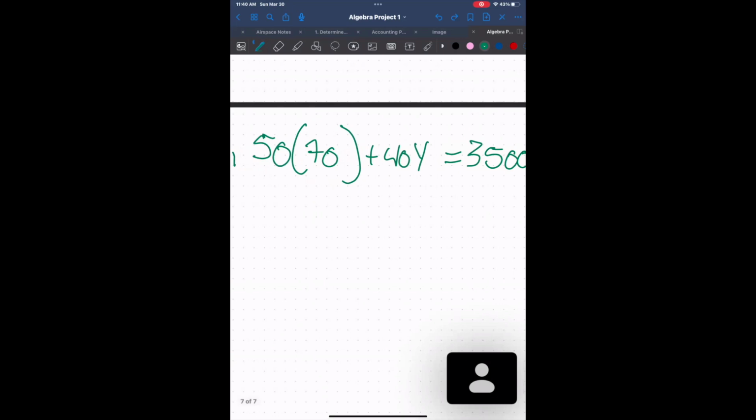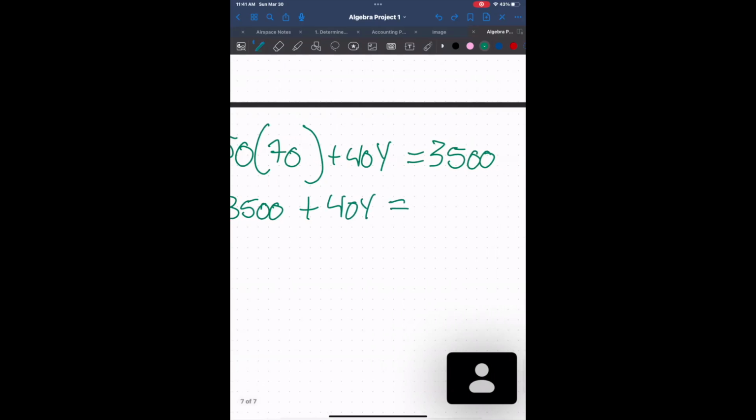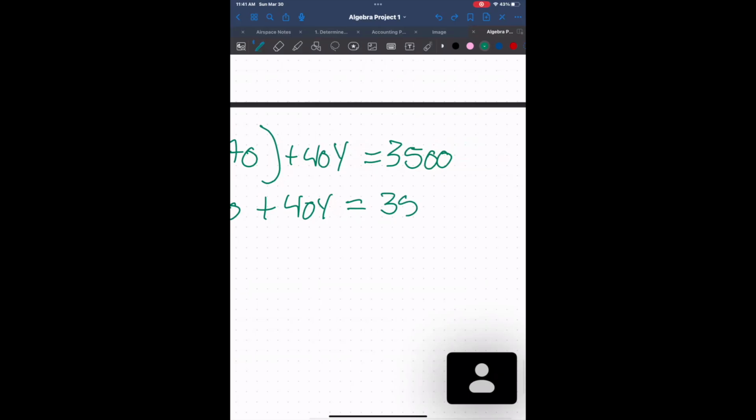Okay, now 50 times 70, 3,500 plus 40y. Do you see what's about to happen here? Can you imagine this contractor is pretty upset about this?